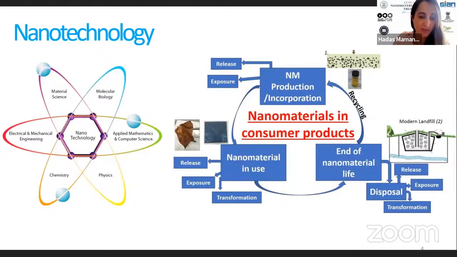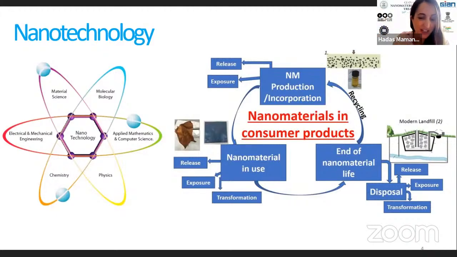Okay, so as we discussed, nanotechnology is a highly interdisciplinary study. It embraces concepts from various fields: chemistry, physics, molecular biology, material science, electrical and mechanical engineering, applied mathematics, computer science, and so on.